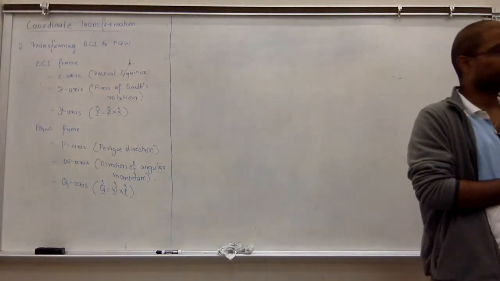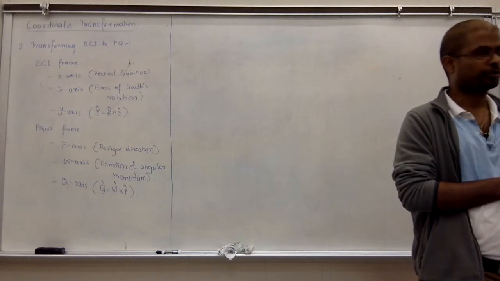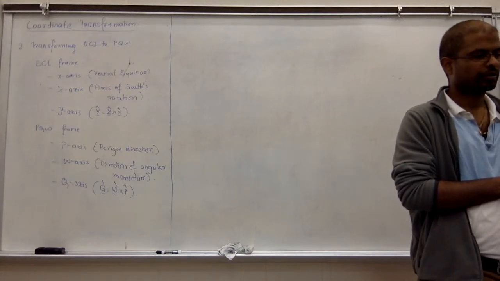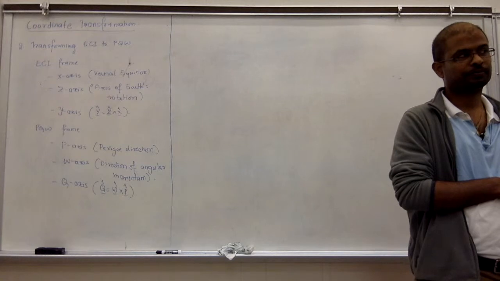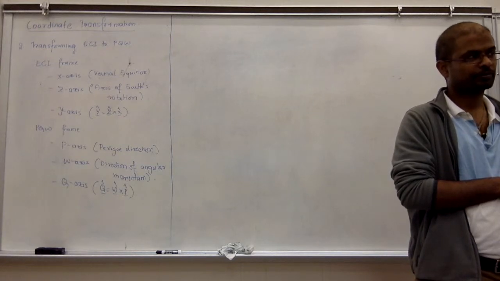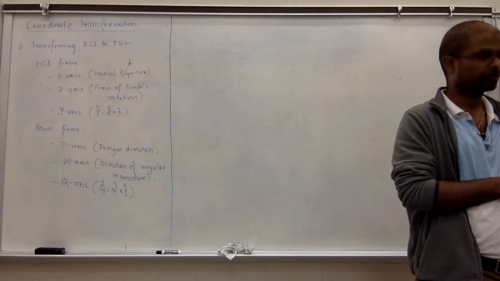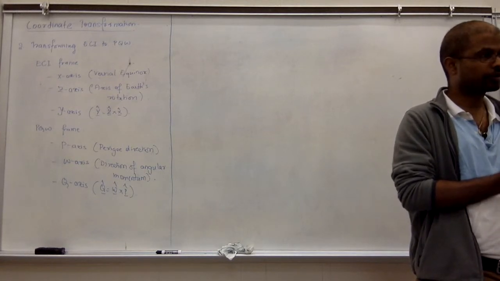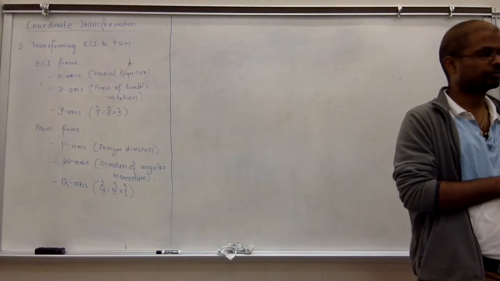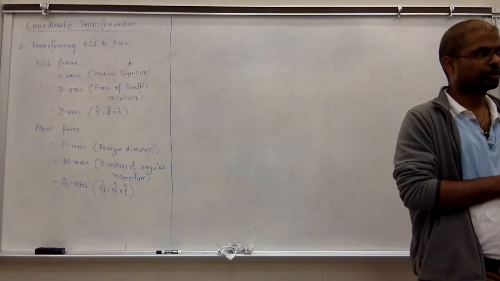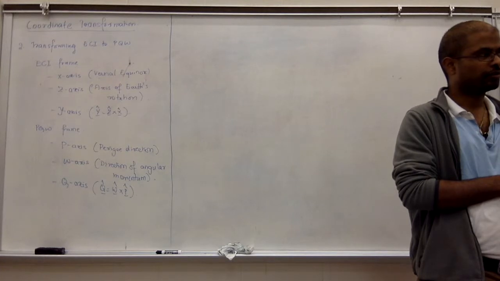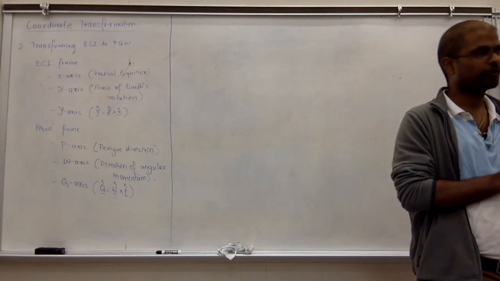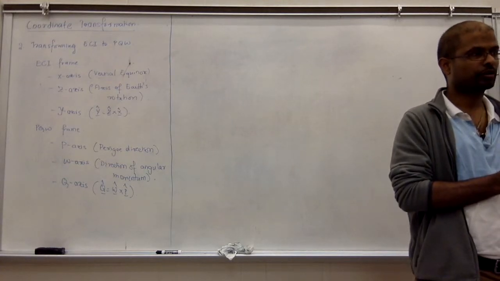When you talk about position, when you talk about orientation, how do you define position? You have to use a reference point. With reference to a reference coordinate system. The reference frame itself cannot define position or orientation.